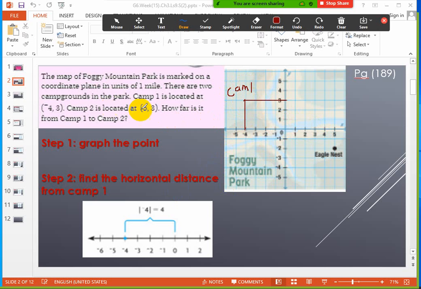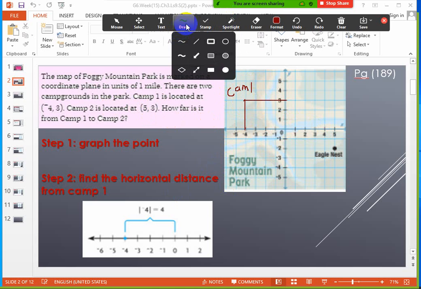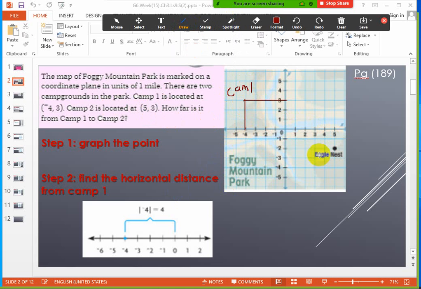Now I want to find the second one. It's (5, 3). The first coordinate, the x coordinate, is 5. That means it's positive, on the right side of 0. This is 5. And the 3, the y coordinate, will be up over the 0.